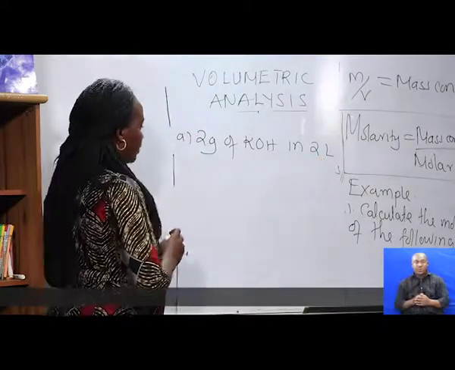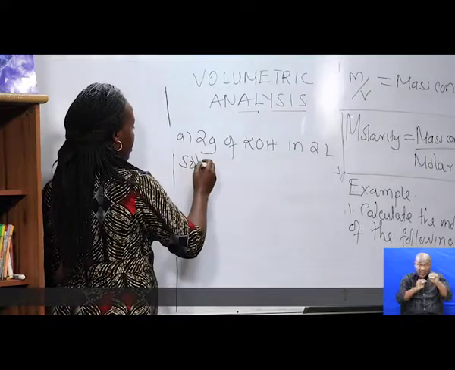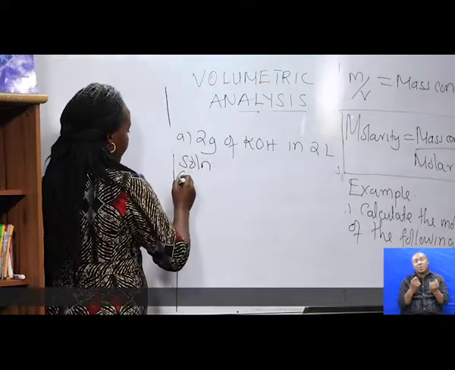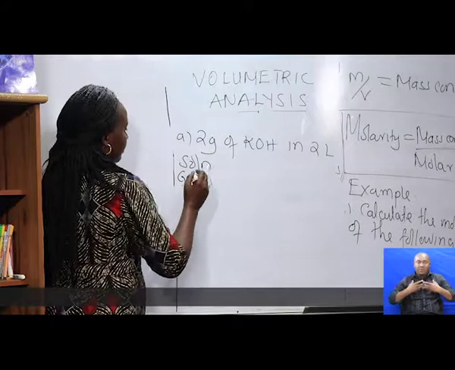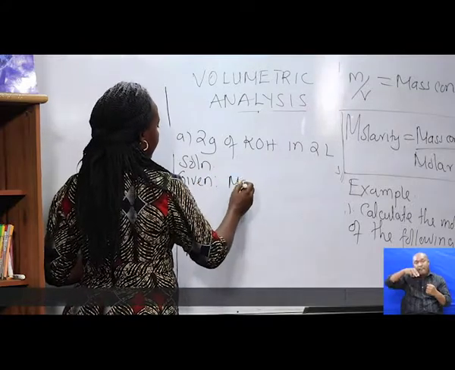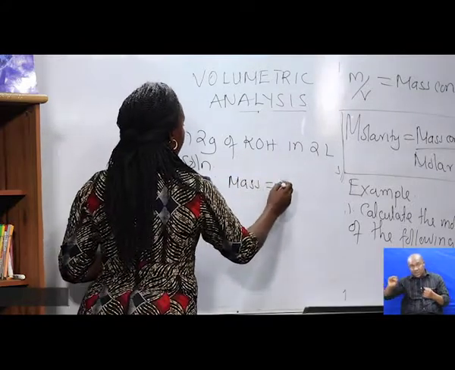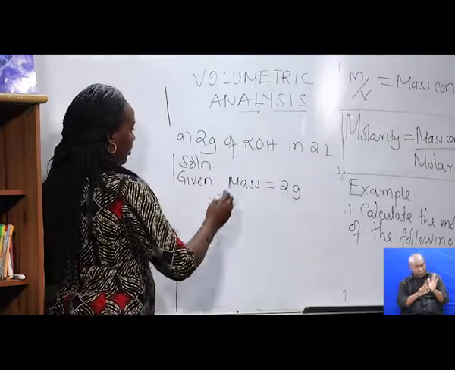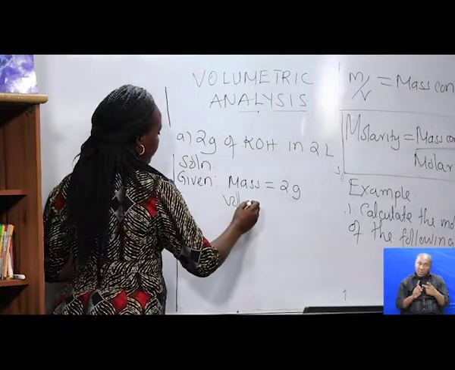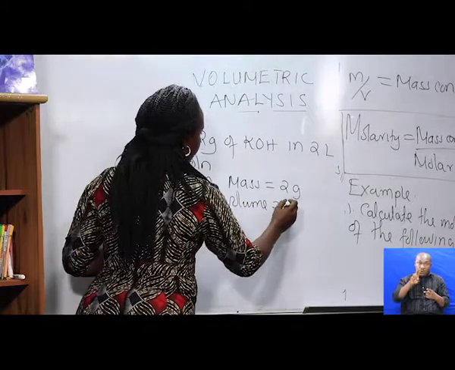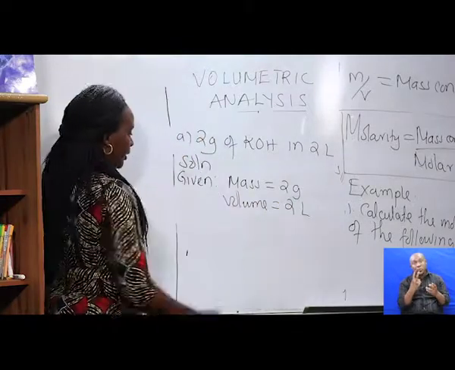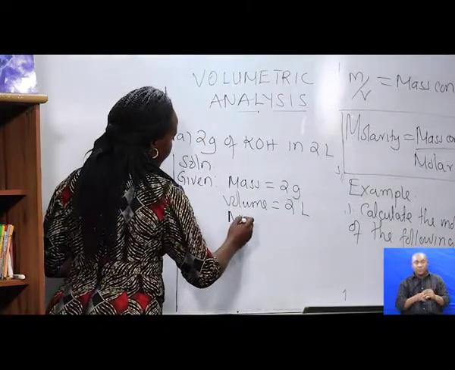And how are we going to calculate it? We go for the solution. We are given the mass, which is equal to 2 grams. We are given the volume, which is equal to 2 liters. Then what is required? It is molarity.